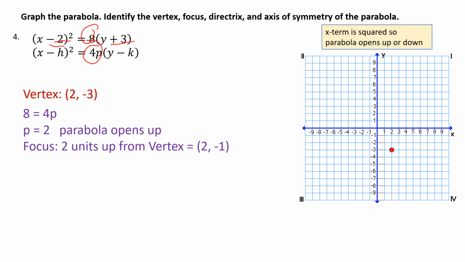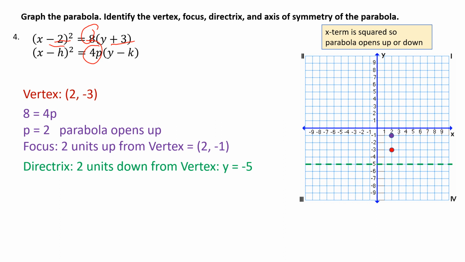Now, to find the coordinates of the focus, from the vertex, you go 2 units up because the focus is inside the parabola. The directrix is going to be outside the parabola, and in this case, the directrix is horizontal. So we go 2 units below the vertex, and the equation of the directrix is y equals -5.